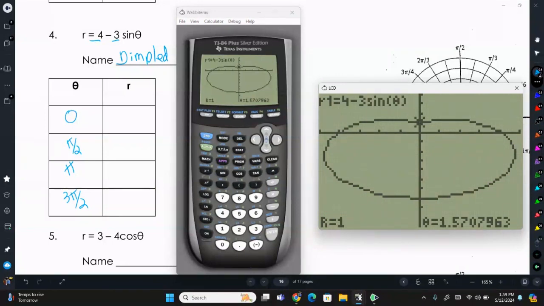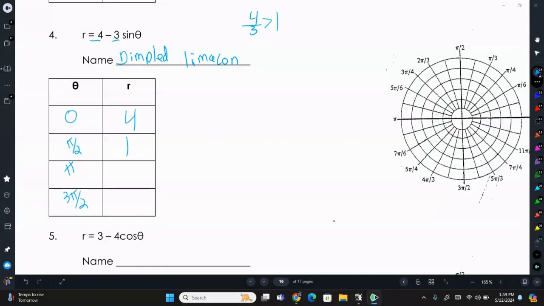And then when theta is pi, r is 4 again, and 3 pi over 2, the r value is 7. So we had 4, 1, 4, 7.